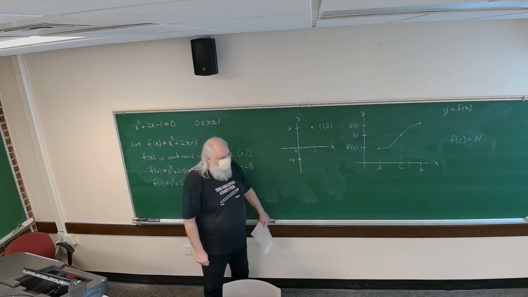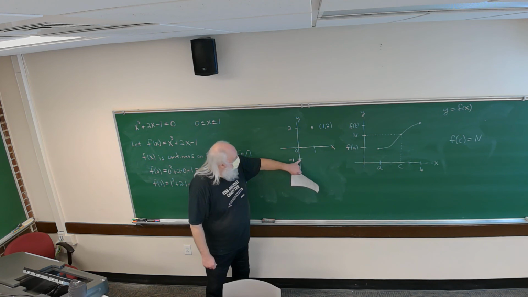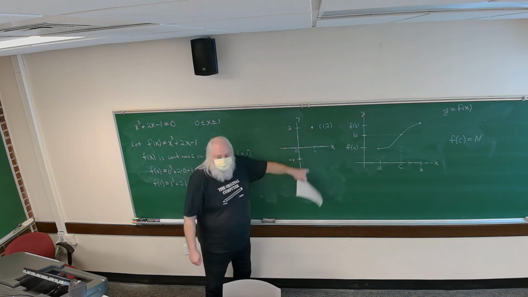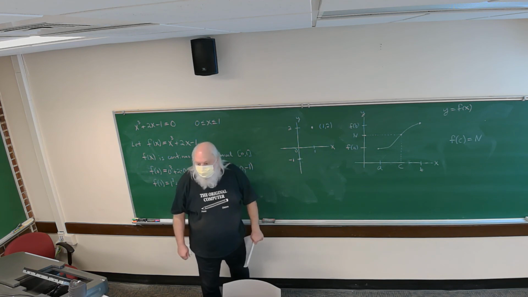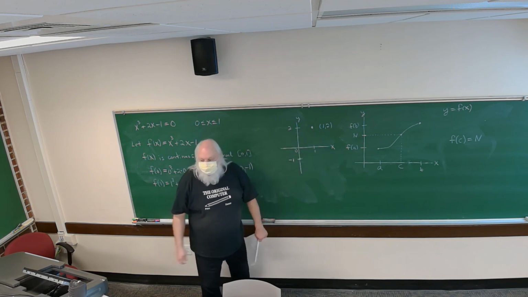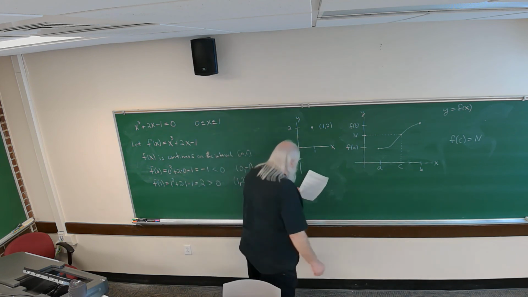So if this function is continuous from here to here, does the graph of this function have to cross the x-axis somewhere? It does. There's no way you can go from here to here without crossing the x-axis if the function is continuous.